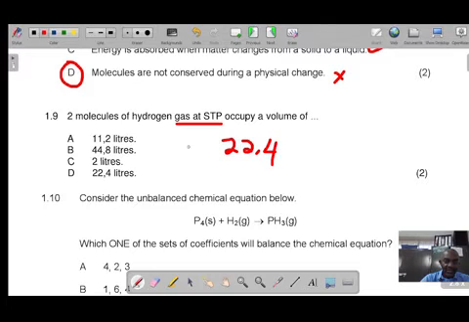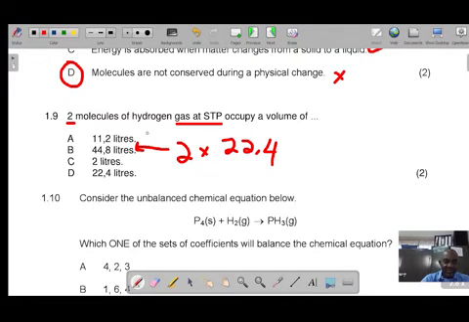Now the question says, what about the 2 molecules? Because they are 2, we multiply 2 by 22.4, which gives us 44.8 liters, because 2 times 2 is 4, then 2 times 4 is 8, and liters are the same as decimeters cubed.